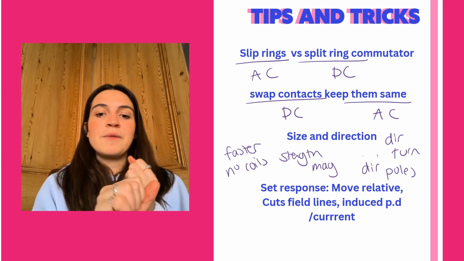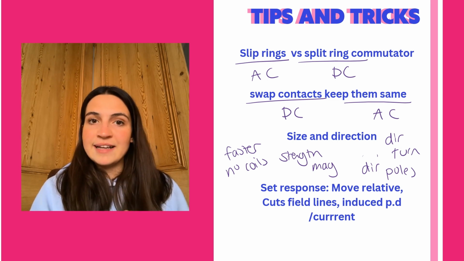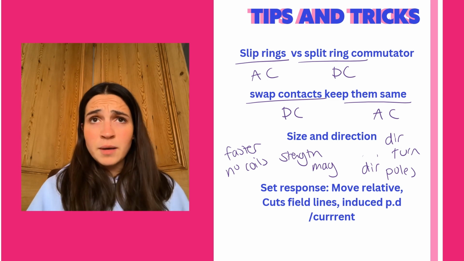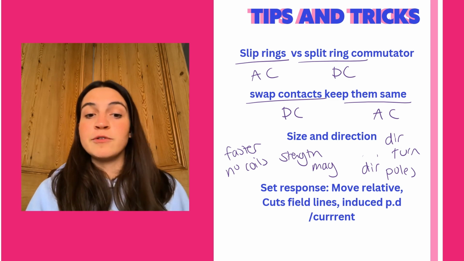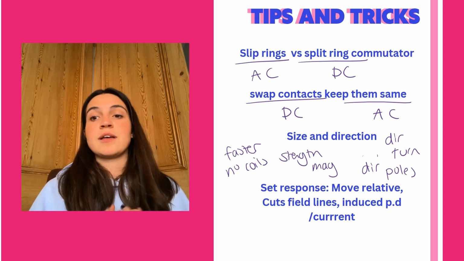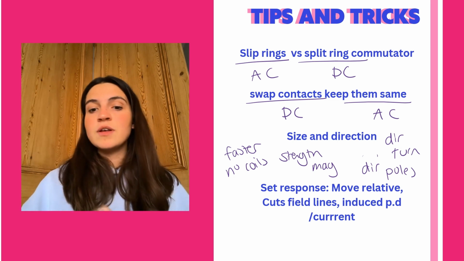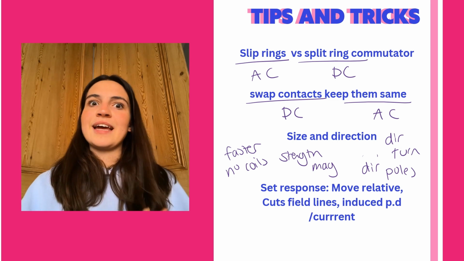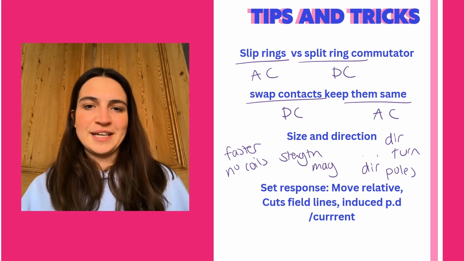Make sure you say conductor moving relative to field, or them moving relative to each other. The idea of cutting field lines, inducing potential difference, and then getting a current if you have a complete circuit.